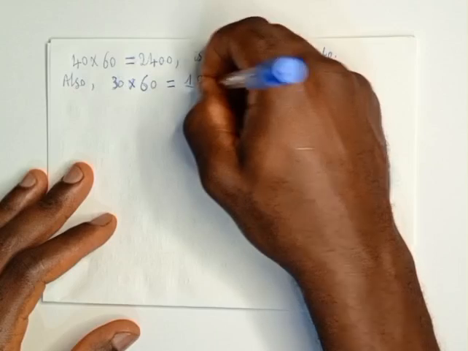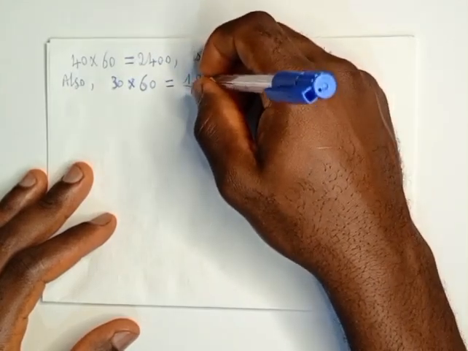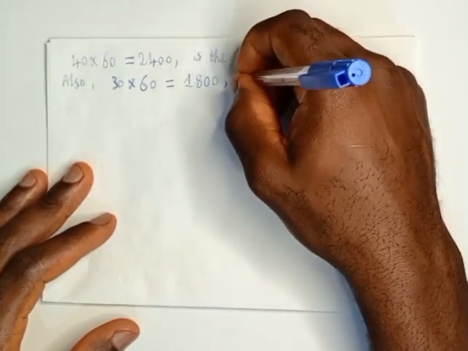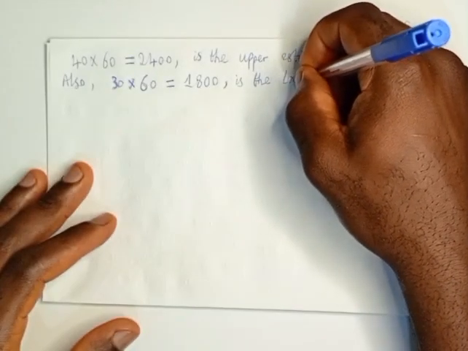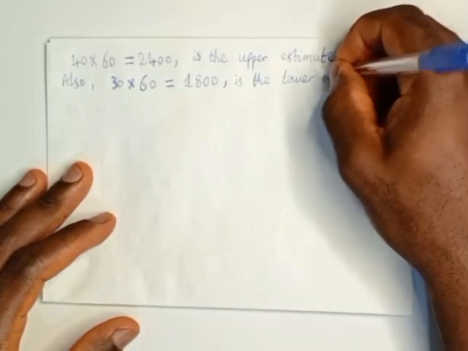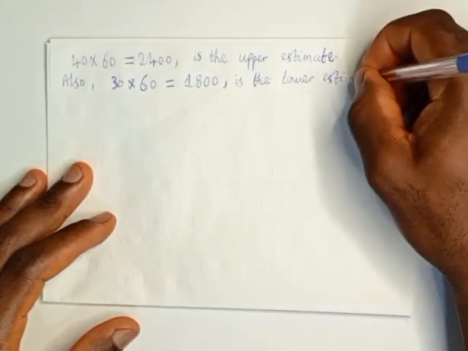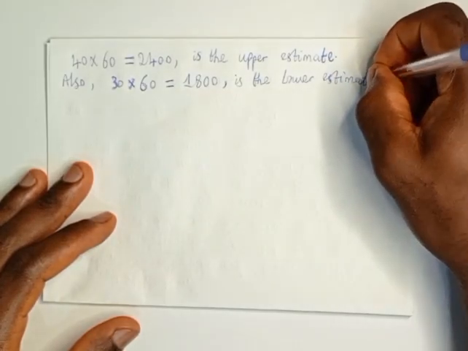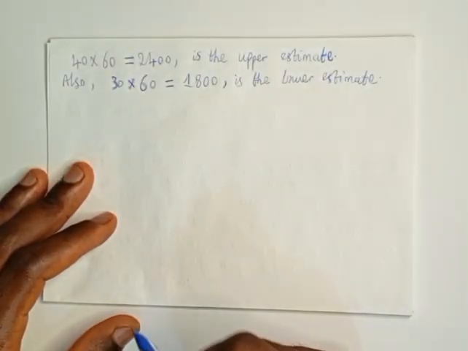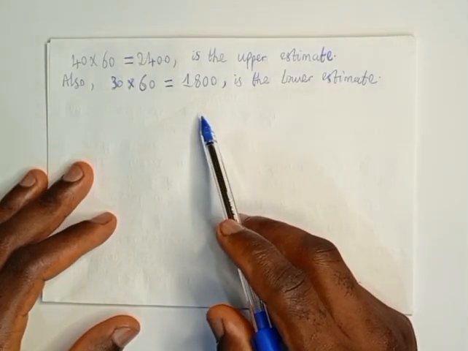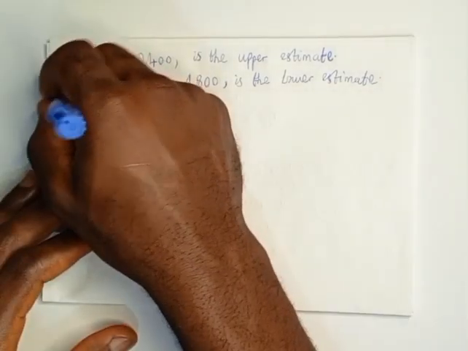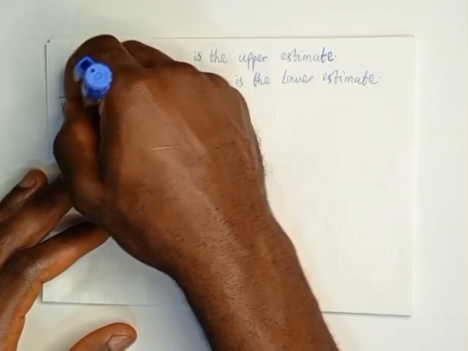Then we attach the 2 zeros, it gives us 1800. 1800 is the lower estimate, which simply means the true answer, the accurate answer, cannot be less than 1800. We take this down.